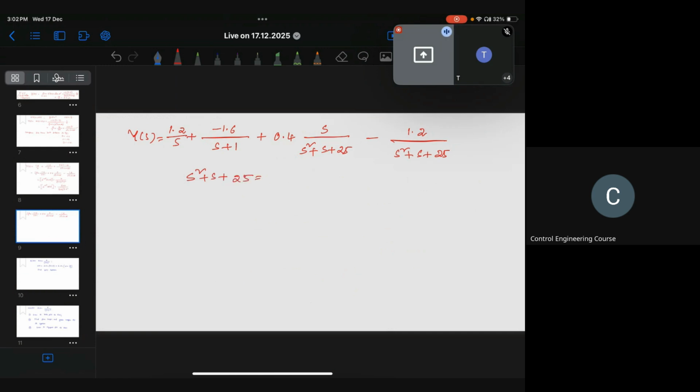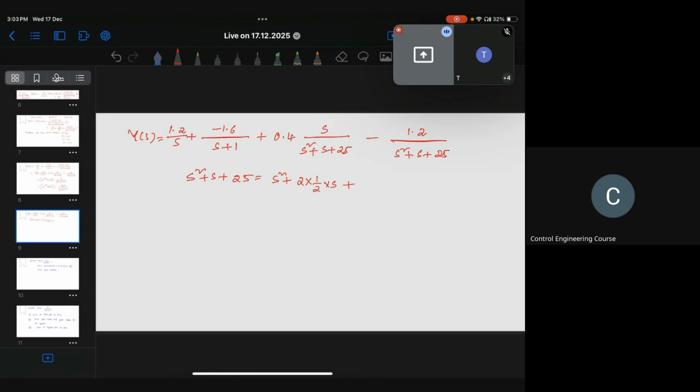We can write this as s² plus 2 multiplied by 1 by 2 multiplied by s, so s can be written like this.